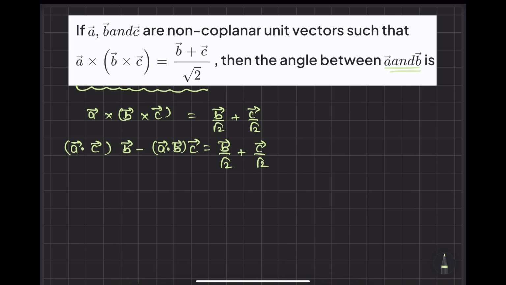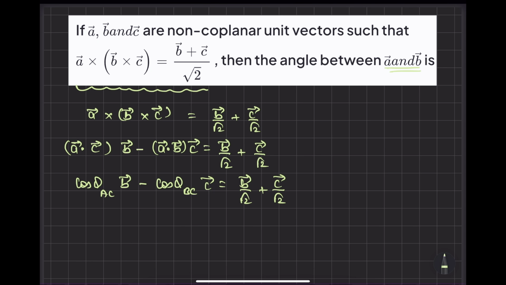Okay. Now, vector B by root 2 plus vector C by root 2. Now, A dot C: mod A is 1, mod C is 1, and then cos theta AC, times B vector, minus mod A 1, mod B 1, cos theta AB, the angle between vector A and vector B, times C. So it is B by root 2 plus C by root 2.